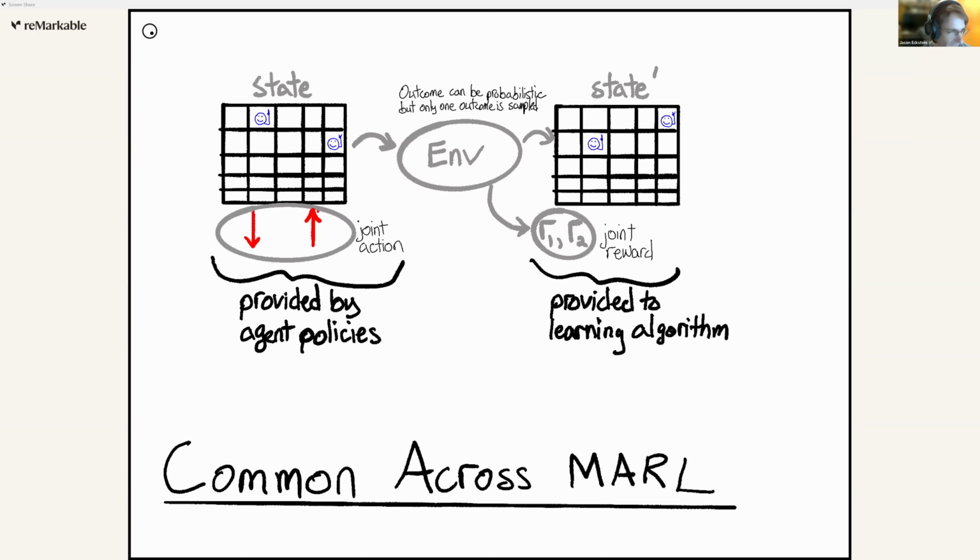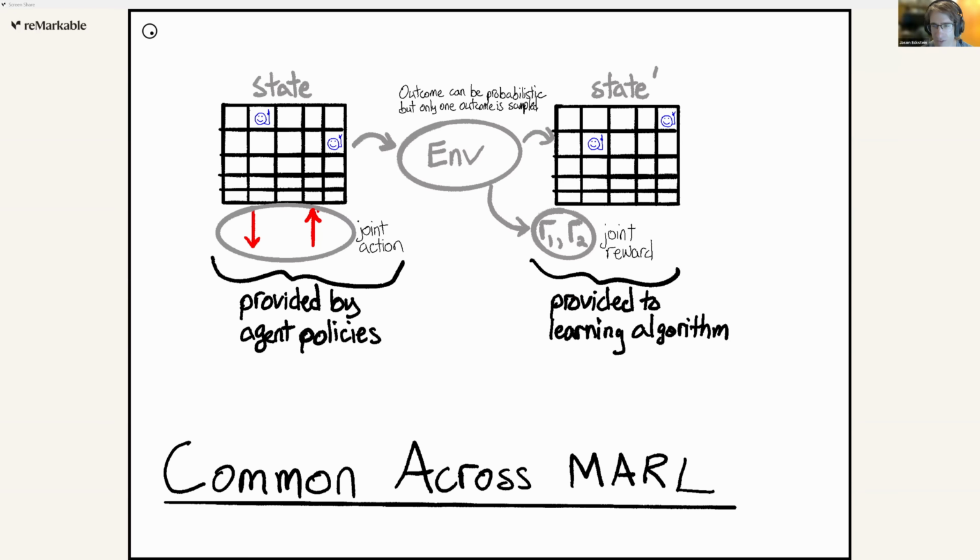Depending on the type of game we're doing, this could be the same value for both agents or, in a general sum game, they could be two arbitrary numbers that don't have any connection to each other. But the reward should indicate something meaningful that is related to the goal of each individual agent or the two of them collectively.